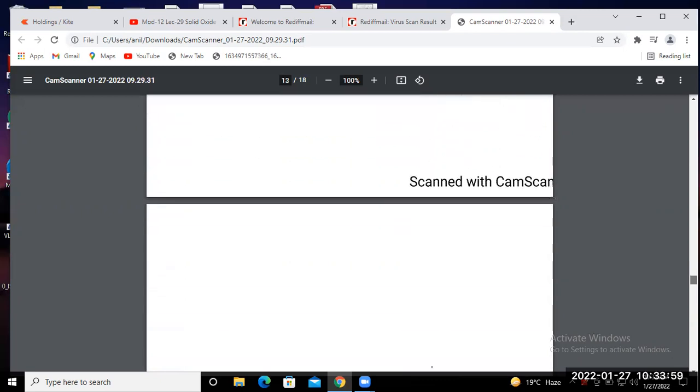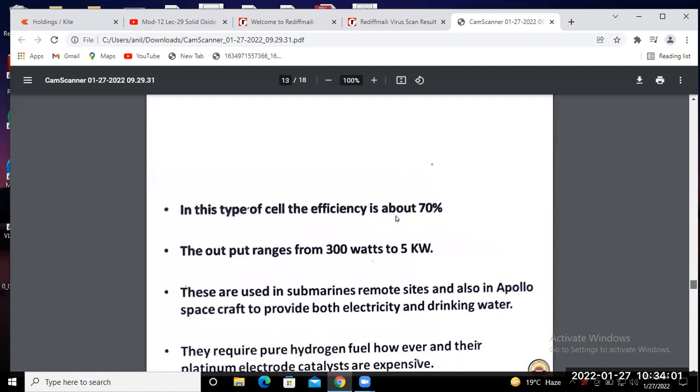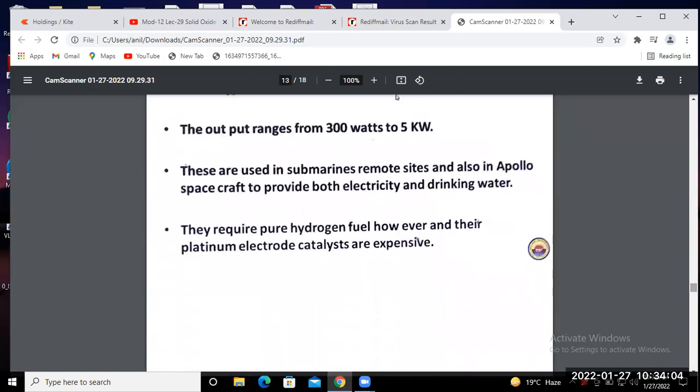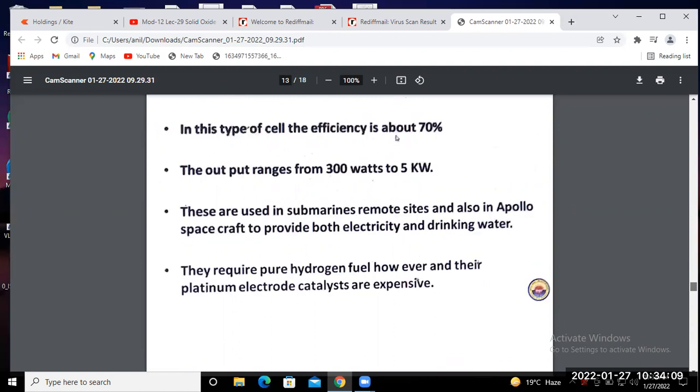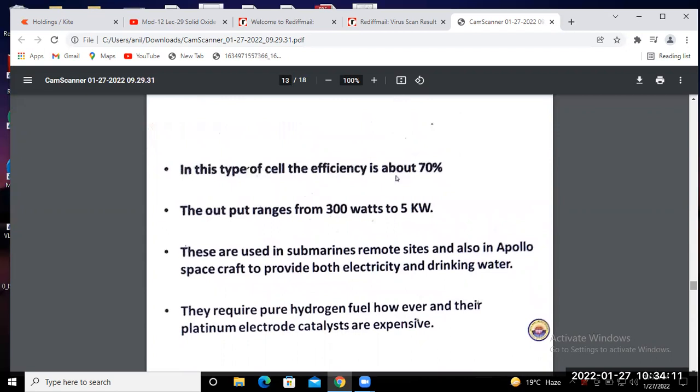Next, I just want to discuss the alkaline fuel cell. We may find that its efficiency is almost 70%. The output range may be in power from 300 watt to 500 kilowatt.